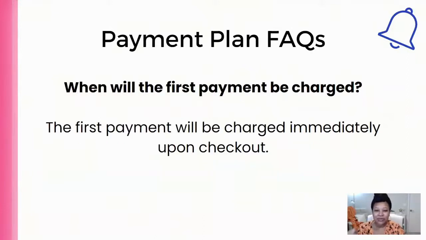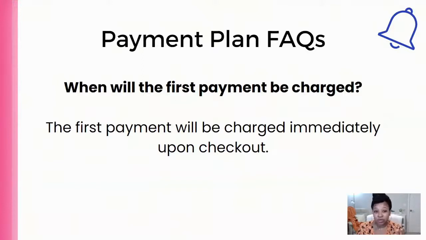And then the last frequently asked question I have, again, you can obviously ask more questions in the comments, but I wanted to just cover kind of high level questions here. When will the first payment be charged? So the first payment is actually going to be charged immediately upon checkout.